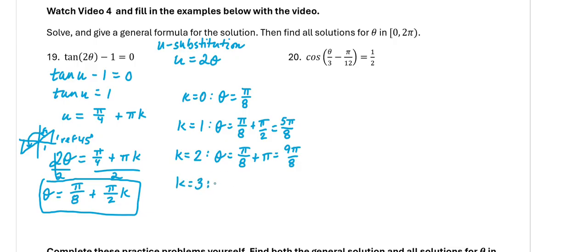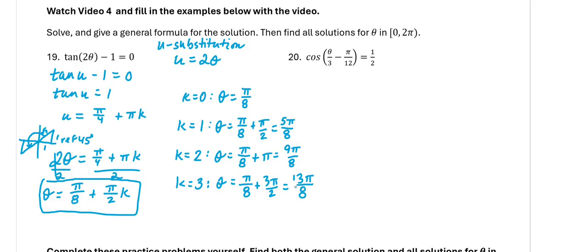Okay. So if k is equal to 3, then theta is equal to pi over 8 plus 3 pi over 2. And let's see, that would be equal to 13 pi over 8. Let's see, that would be times 4, so 12 plus 1. Yep, 13 pi over 8.